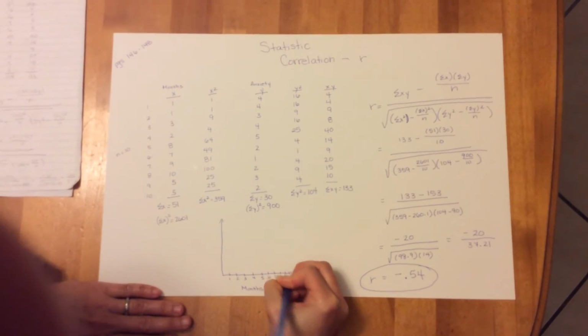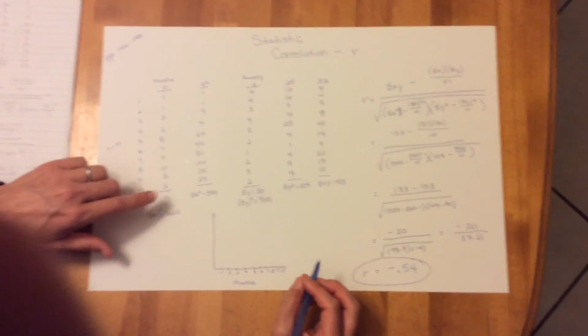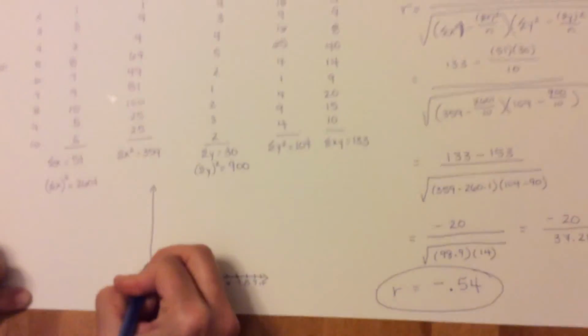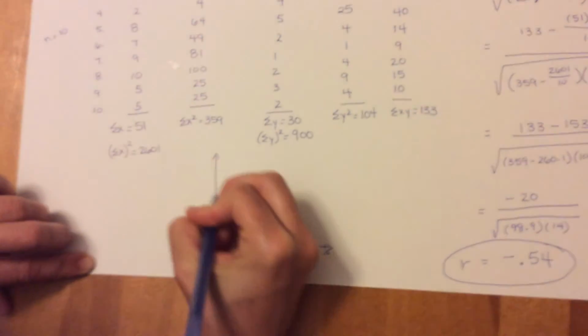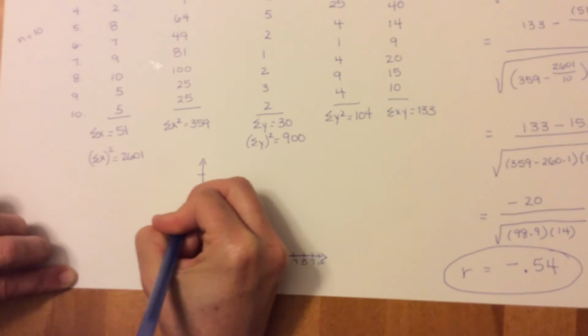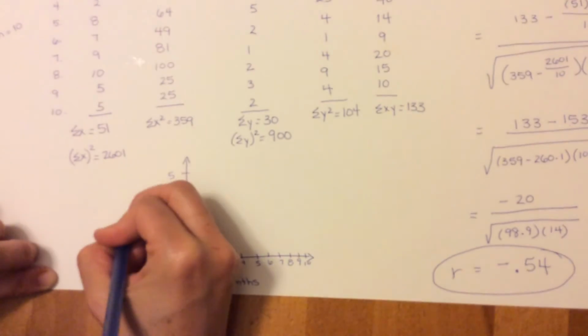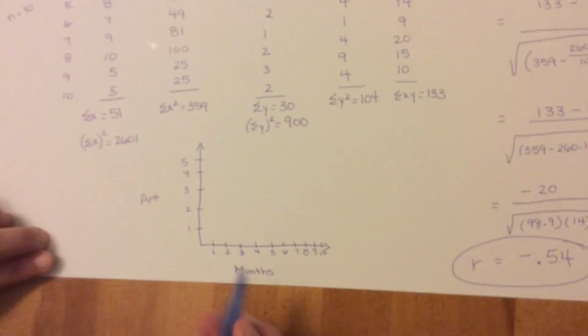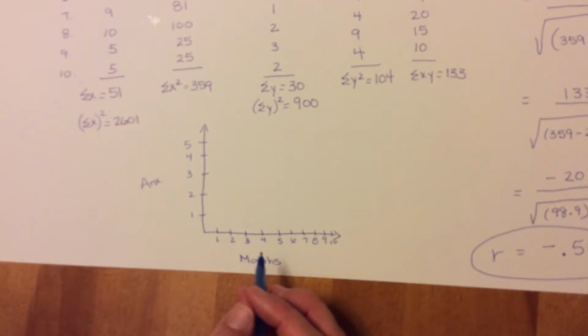I should have probably planned that out a little bit better. And then we had a 5-point anxiety scale, so I'll spread that out a little more, 1, 2, 3, 4, 5. Anxiety.